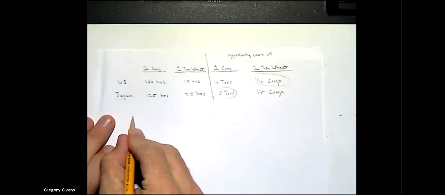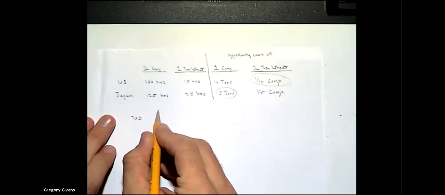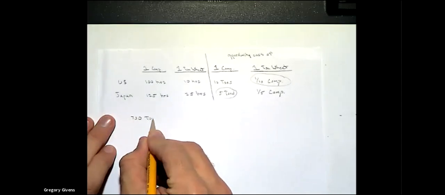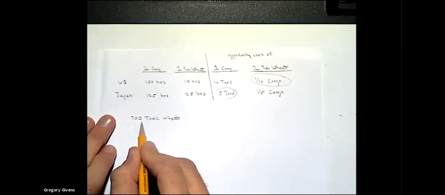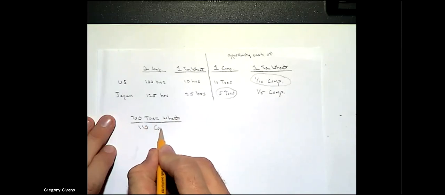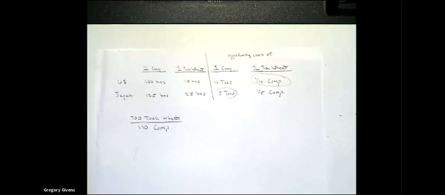I believe the United States exchanged 700 tons of wheat for, what was it, 110 computers? Was that right? Yes. So what is the rate at which wheat is swapped for computers in this exchange?